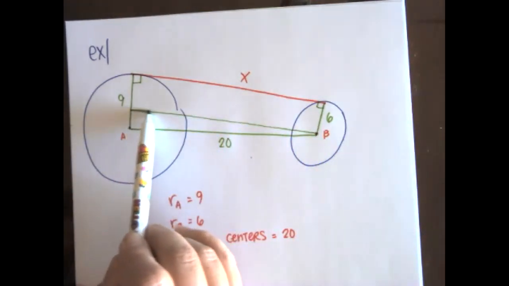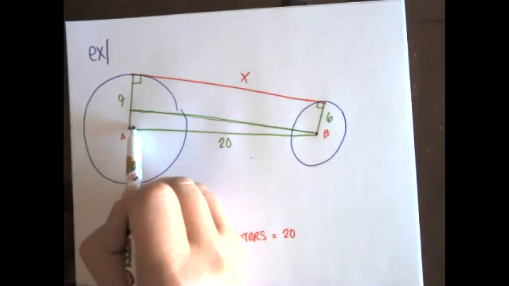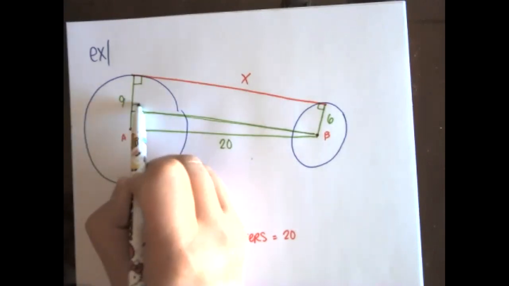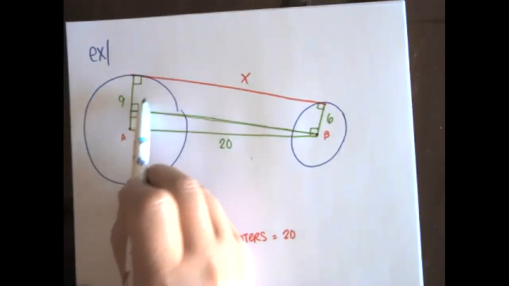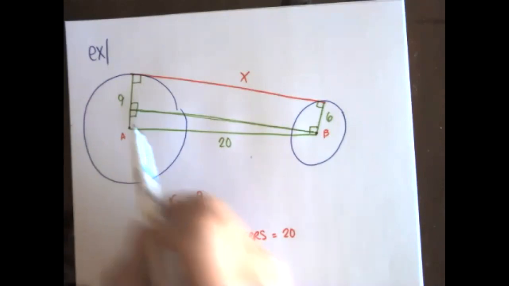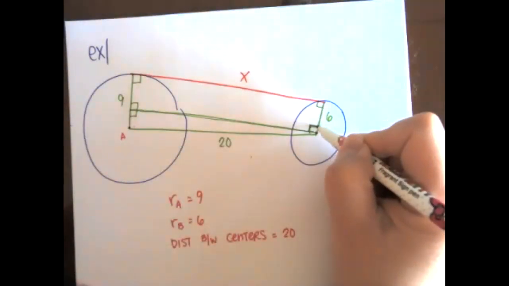A lot of people will draw the right angle here where the center is. The right angle is right here, because this is a rectangle and a right triangle, and those two have to be a right angle together like that. That's a right angle here.